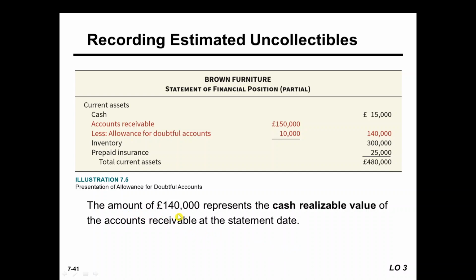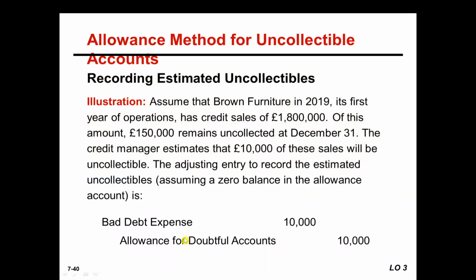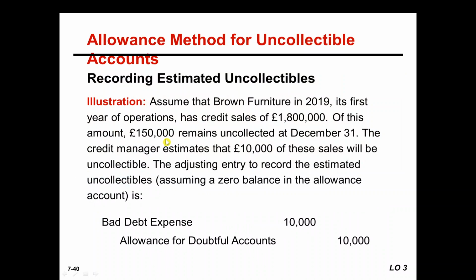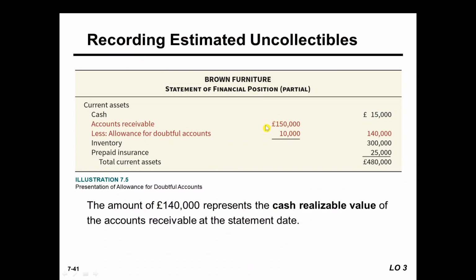So the amount of 140 represents the cash realizable value of the accounts receivable at the statement date. So we look here, accounts receivable of 150. 150 is the amount of accounts receivable that has not been collected. Of this 150, 10,000 will not be collected.